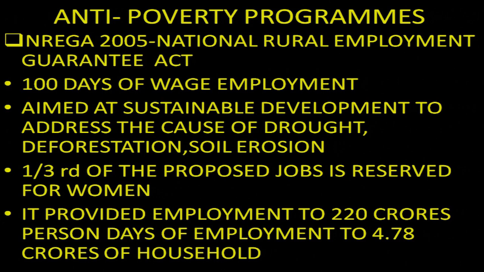Because these are the three things, drought, deforestation and soil erosion, that is leading to what is called as unsustainable development in the rural areas. So that is why the aim was how to bring sustainability.